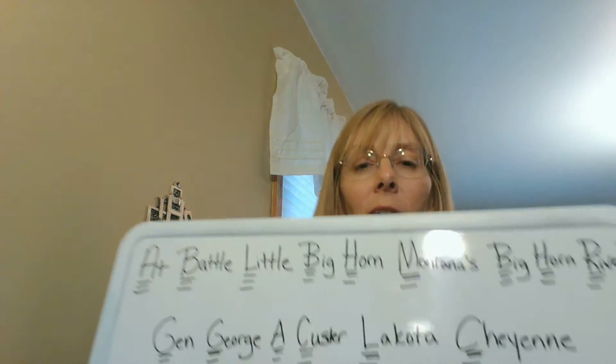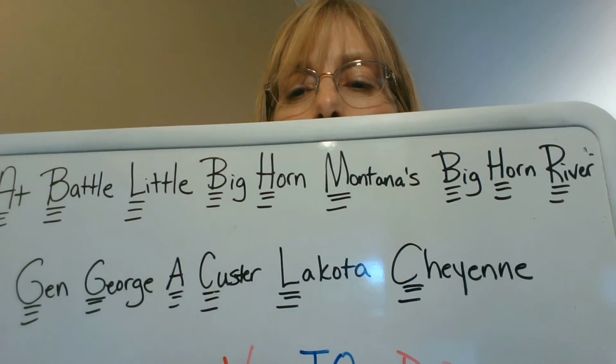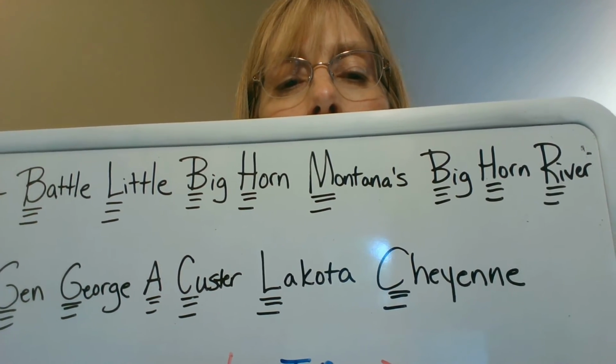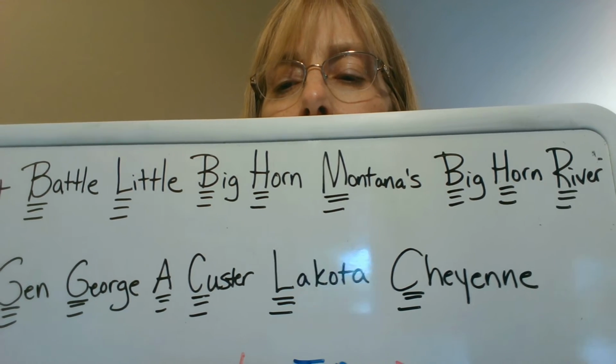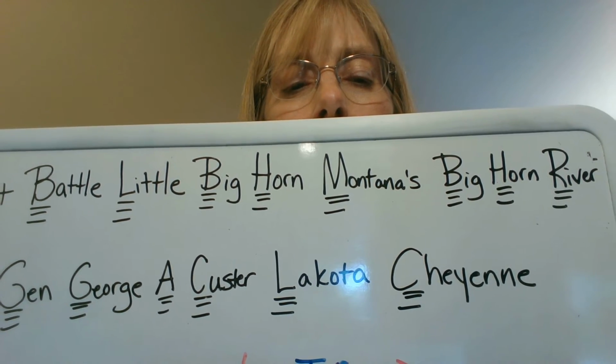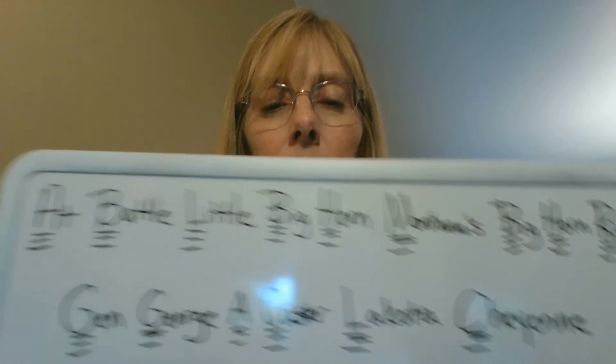The B in big, the H in horn, the R in river, because it is the name of a river. The G in general, G in George, A in A, C in Custer is all capitalized because that's his name. And then we have capital L, Lakota, capital C, Cheyenne, because it is the name of a people. Great.